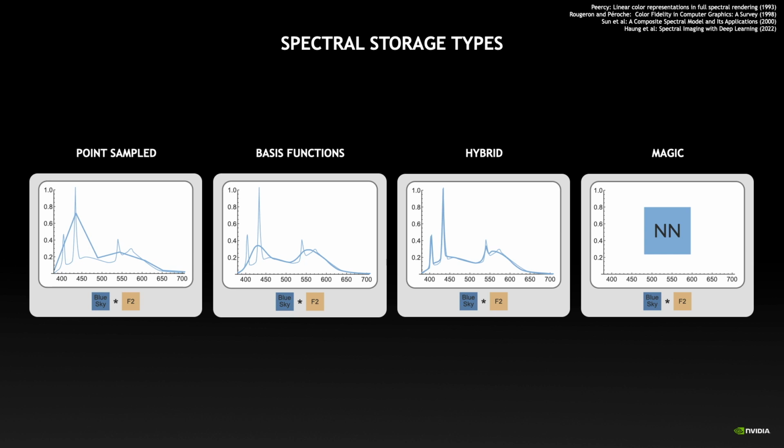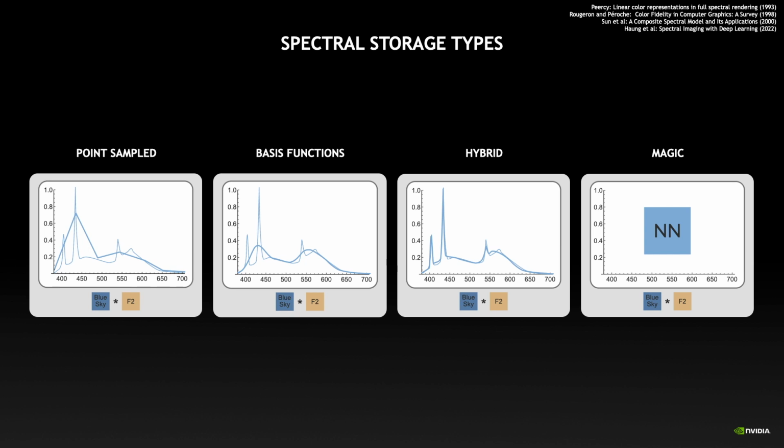The classic variant is to do point-based sampling. So in a uniform density, you start taking samples from your spectrum and encode those. You could also use basis functions. Those were quite popular in the 90s and early 2000s. There are also hybrid approaches where you would use different kinds of storage means, like basis functions and point-based, or Gaussian mixtures, for example.